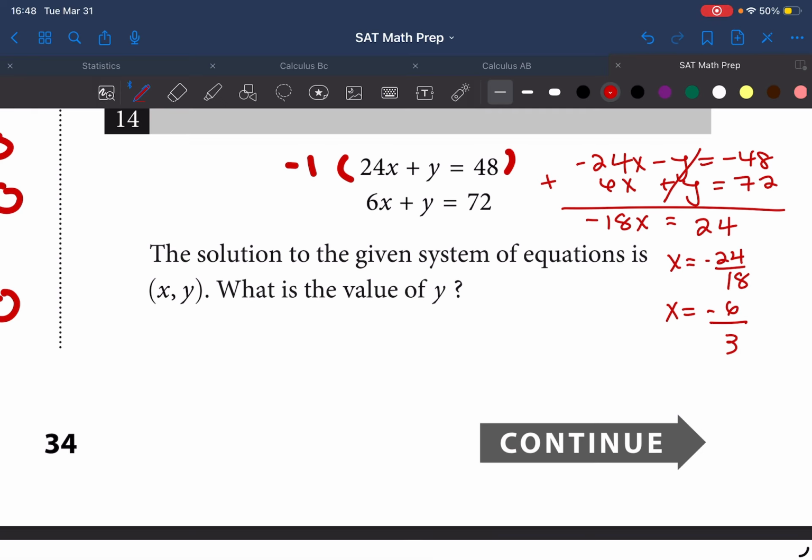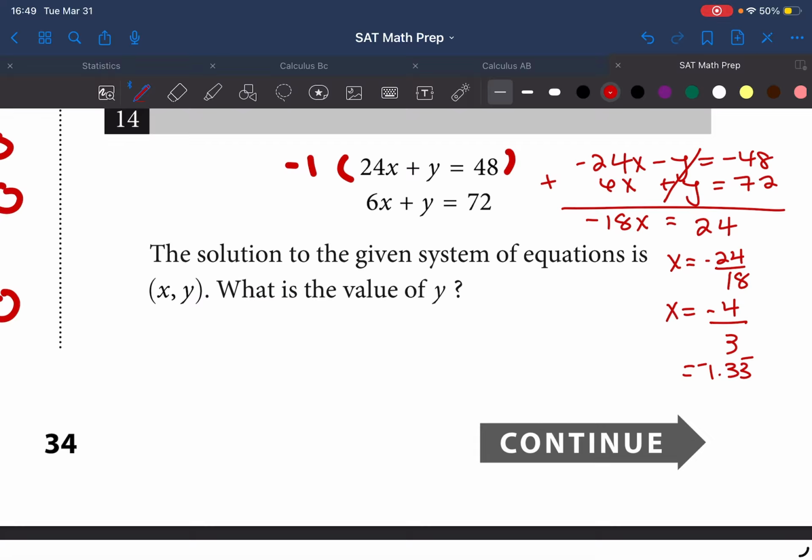Oh, I said divide both by 6 and I wrote negative 6 instead of negative 4. This is a negative 4. Okay, negative 4 over 3. Or if you were getting decimals, this would be negative 1.33 repeating. So that is your x value.